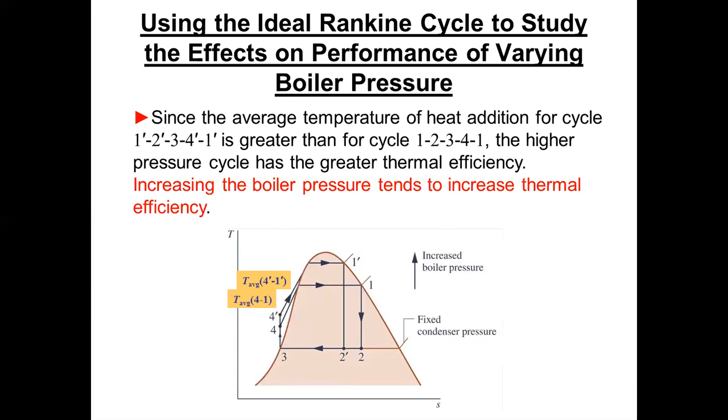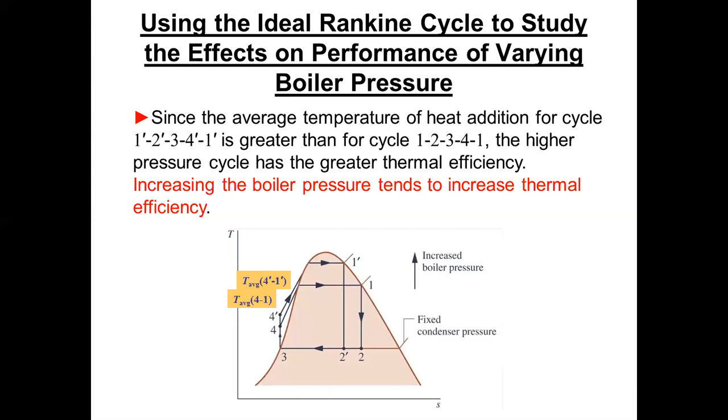And that's him stating what I've already said. The average temperature of heat addition for the modified cycle with the primes is greater than that for the initial cycle. So the modified cycle, the high pressure cycle, has greater thermal efficiency.